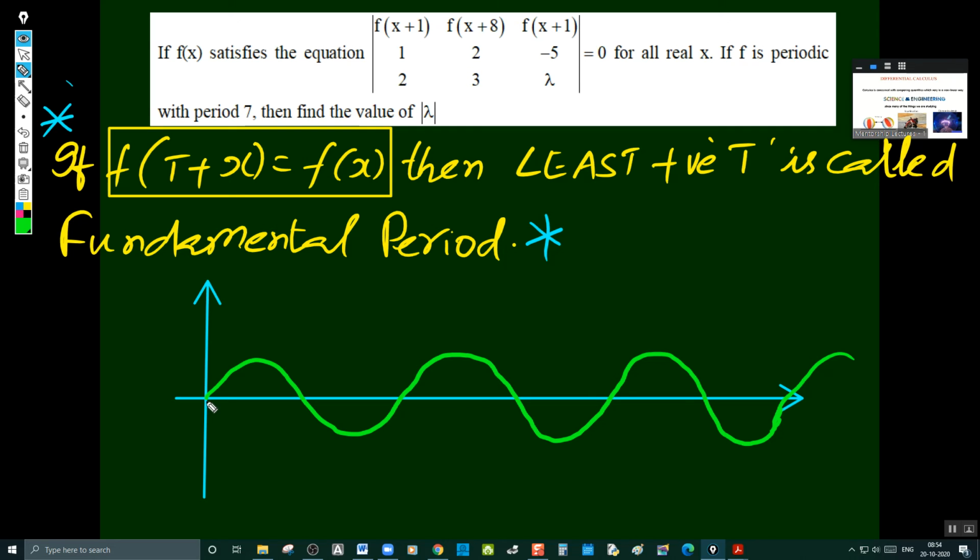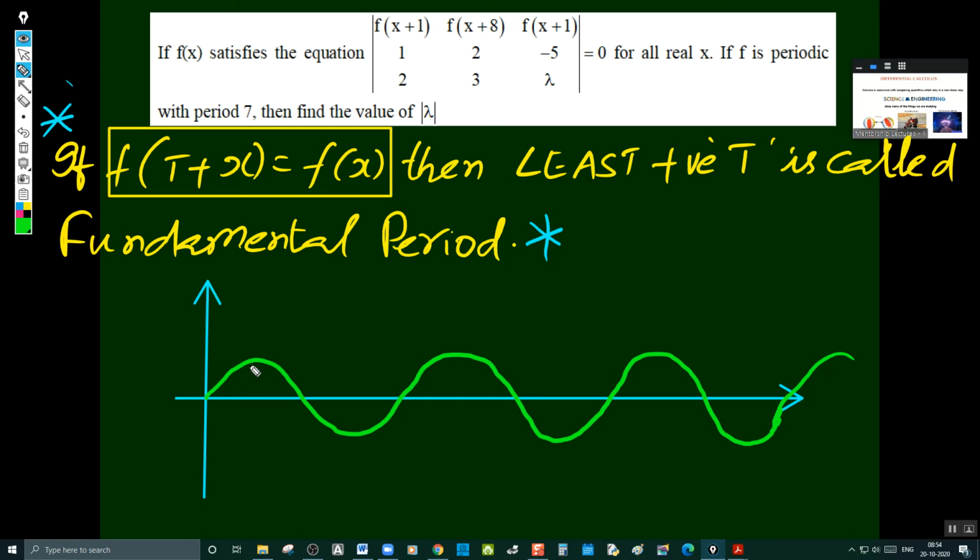Day and night are periodic, with period equal to 12 hours. One day is periodic with period equal to 24 hours. A week is periodic with period equal to 7 days. The month is periodic with period equal to 30 days. And 1 year is periodic with the number of days equal to 365.